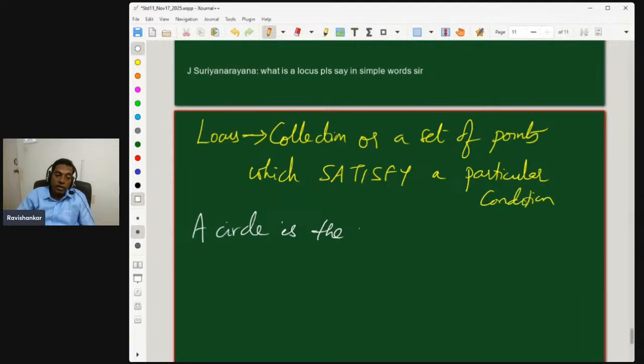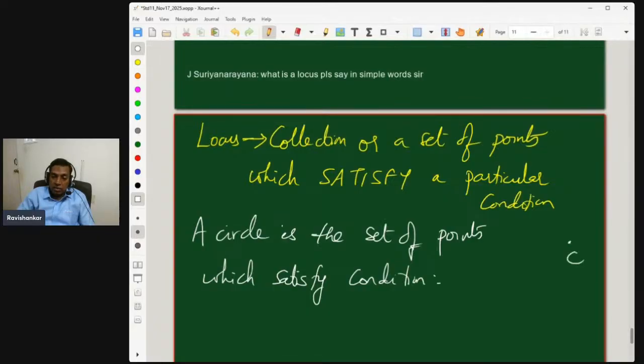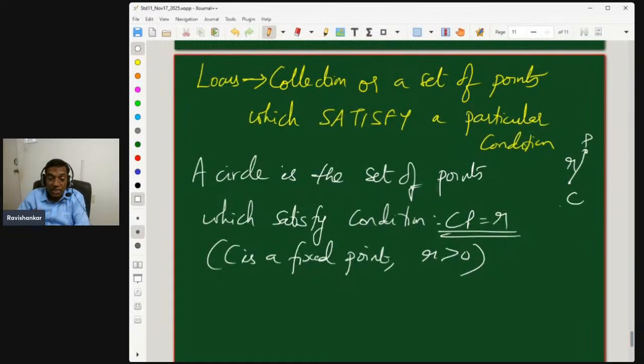So a circle, for example, is the set of points which satisfy the condition CP is equal to R, where C is a fixed point, and R is a real number greater than 0. So all points which satisfy this condition.